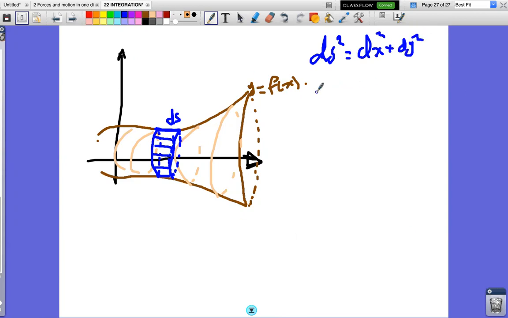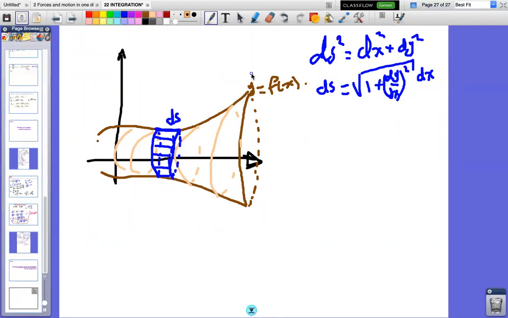And that gave us ds as the square root of 1 plus (dy over dx) squared, dx. That's what we saw last time.